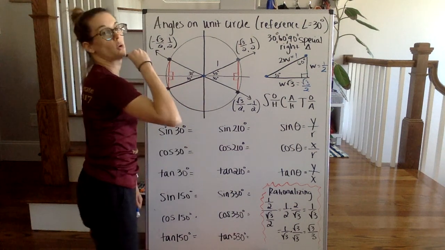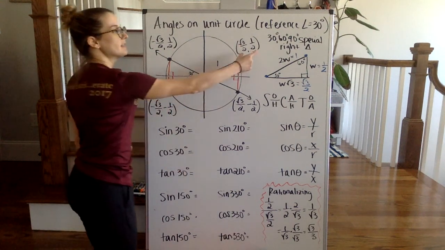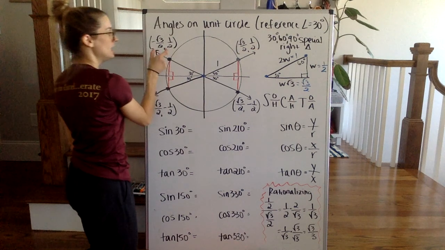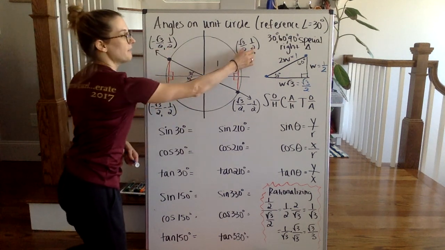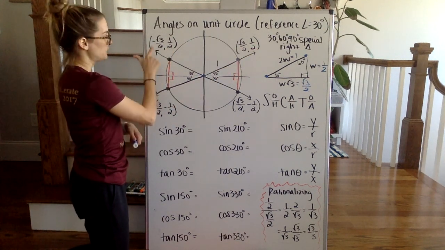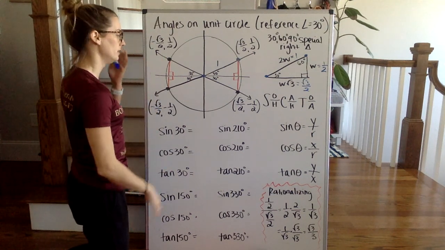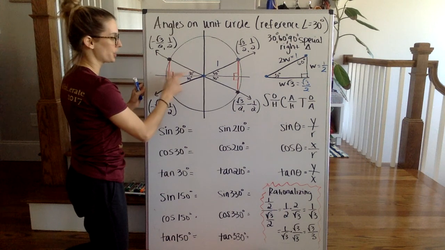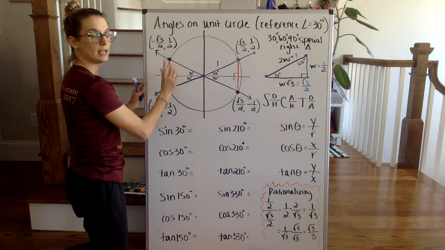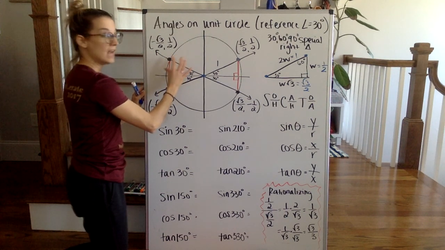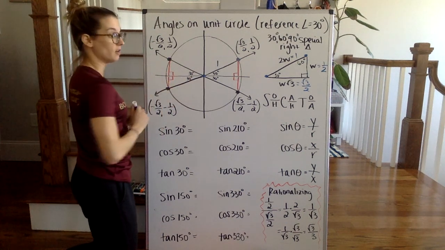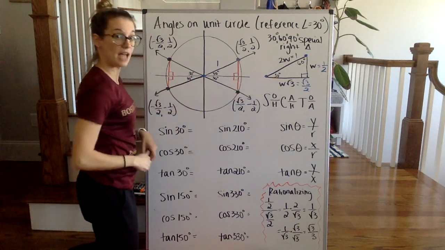Well, let's take that into quadrant 2. What you might notice is that the coordinates of this point and the coordinates of this point have the same numeric values. It's just that all of a sudden the x-coordinate becomes negative. Well, why does that happen? Think about this. This is still a 30, 60, 90 triangle right here, except now it's in quadrant 2. The lengths of the sides of this triangle are the same as the lengths of the sides of that triangle.